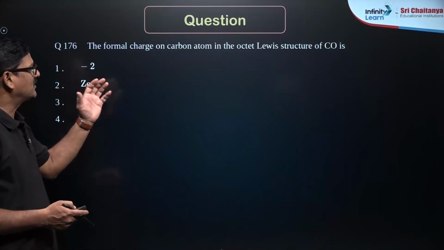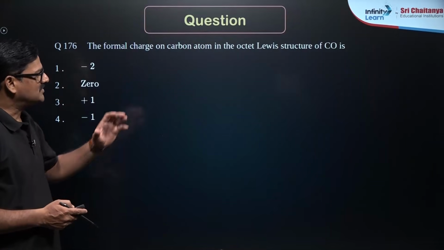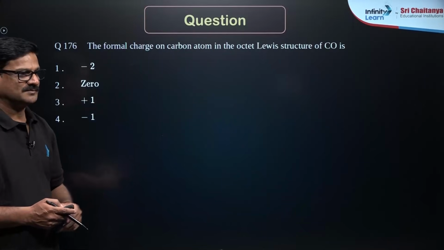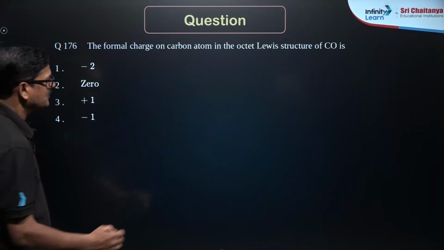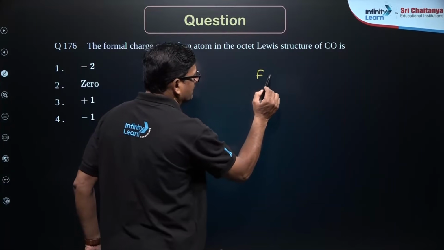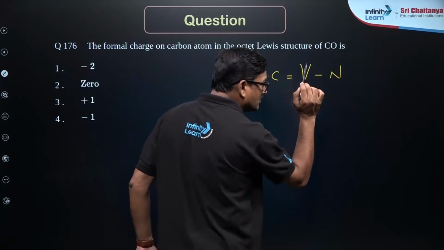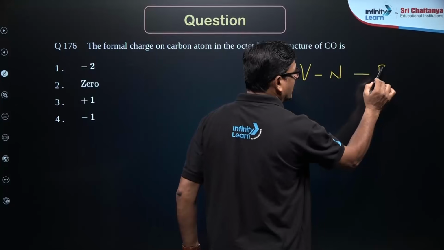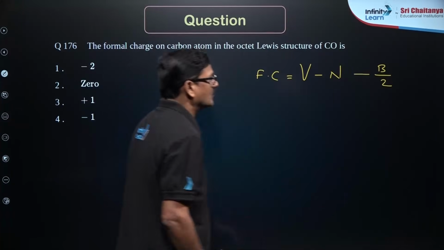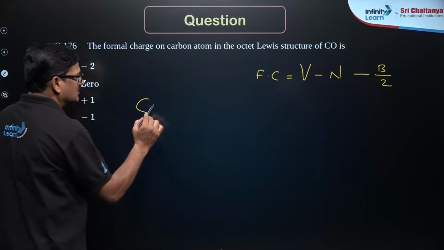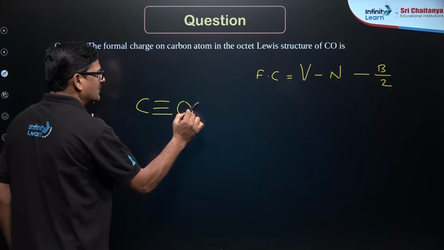Moving ahead, the formal charge of the carbon atom in the octet Lewis structure of CO. Formal charge can be calculated by using the number of valence electrons minus the number of non-bonded electrons minus bonded electrons by 2. So carbon triple bond oxygen.